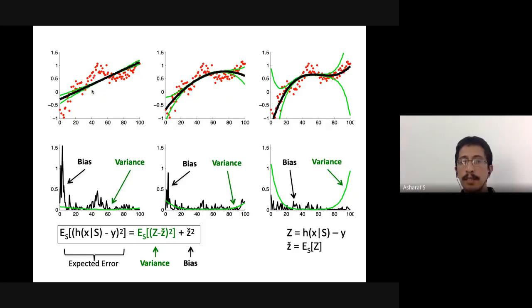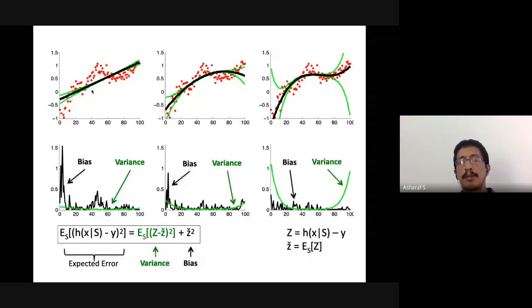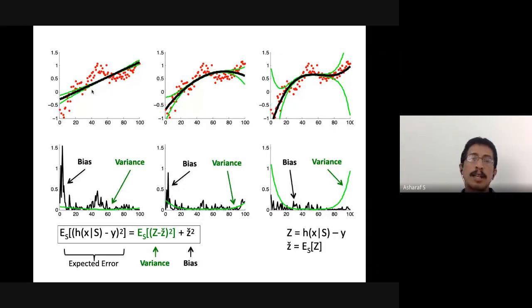If you look at the first, leftmost column, you have a line fitting the data points. The red ones are your training data points. The line doesn't perfectly fit those training data points, which means that the z cap square, a notion of expected error for that model, the bias for the leftmost column, is very high.